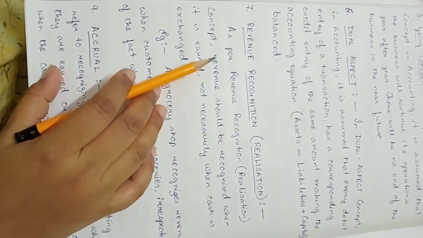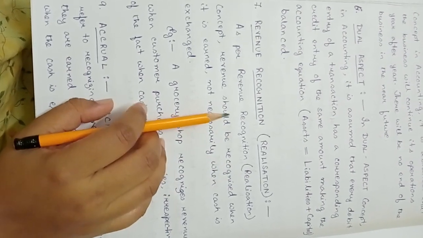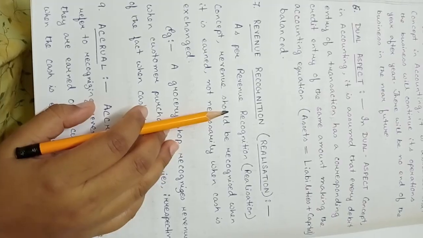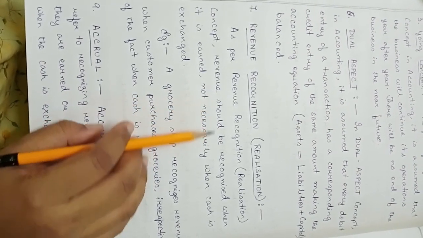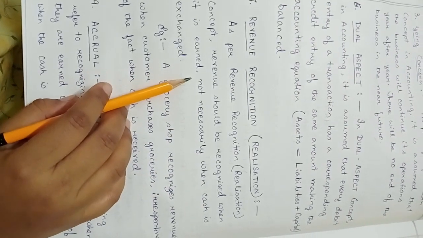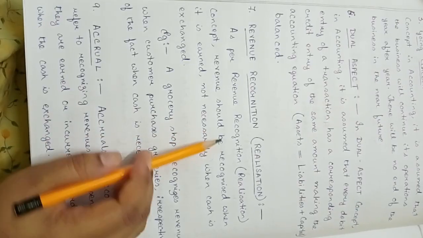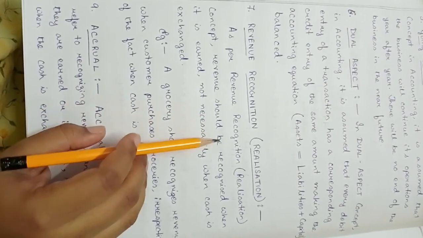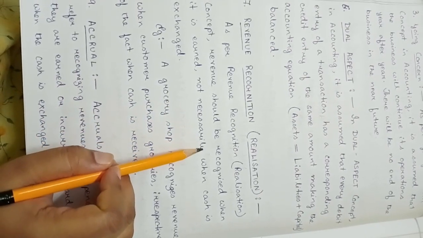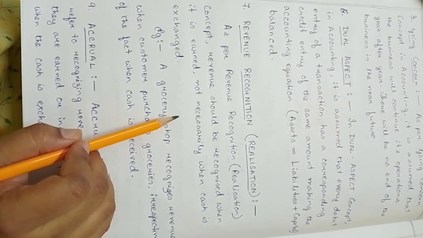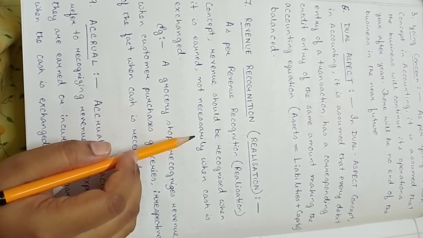Then there is revenue recognition or realization principle or concept. It is said in this concept that revenue should be recognized when it is earned, not necessarily when cash is exchanged. So in an accounting year, if revenue is earned, then it is to be recorded in the financial statements, irrespective of when the cash is exchanged.